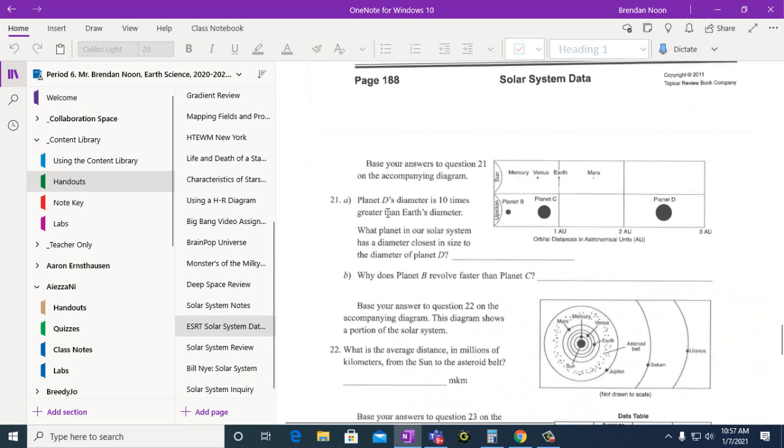Let's see, 22. Planet D's diameter is 10 times greater than Earth's diameter. So here's planet D, and there's little Earth, which is weird. What planet in our solar system has a diameter closest in size to planet D? All right, so now we have to go to our chart. We have to take Earth's diameter times 10 to find a planet that is comparable.